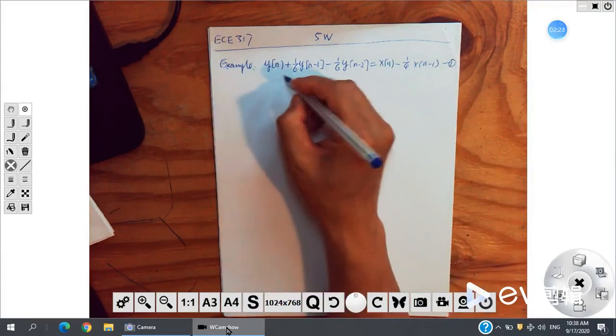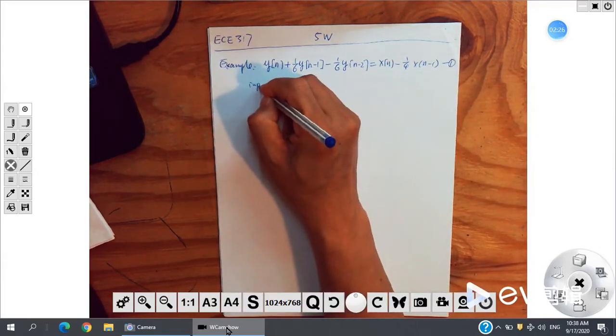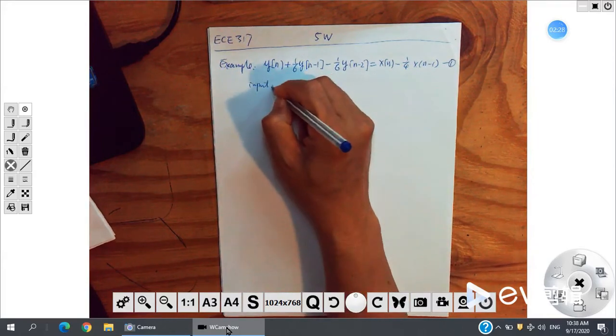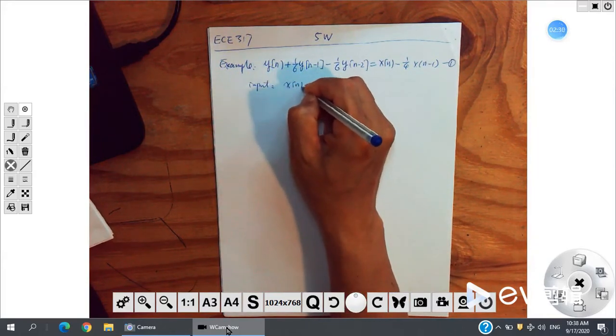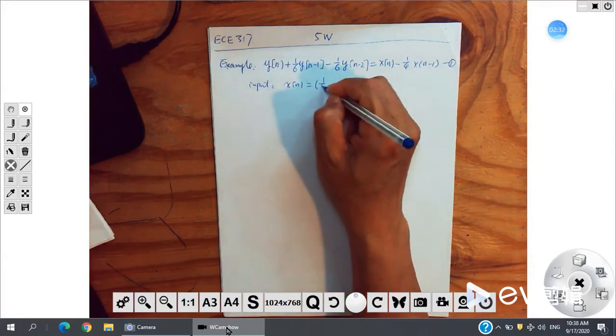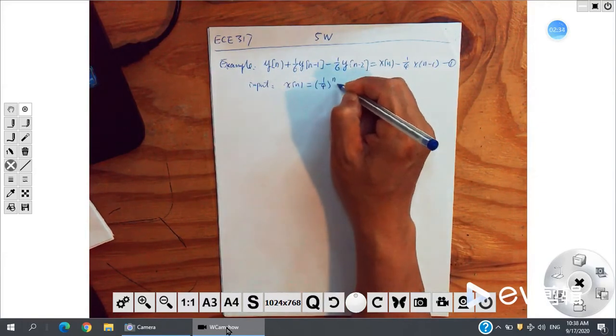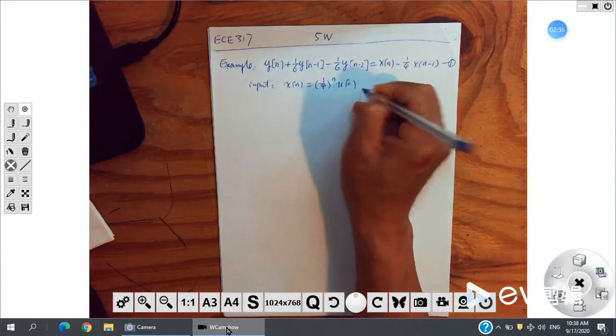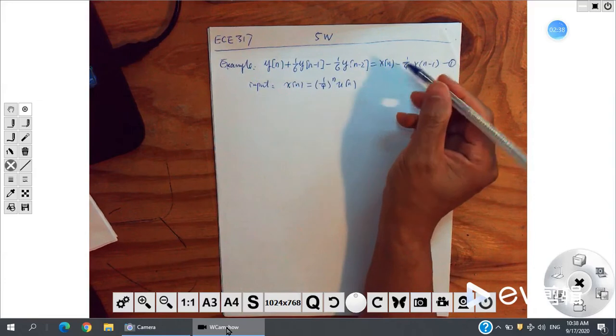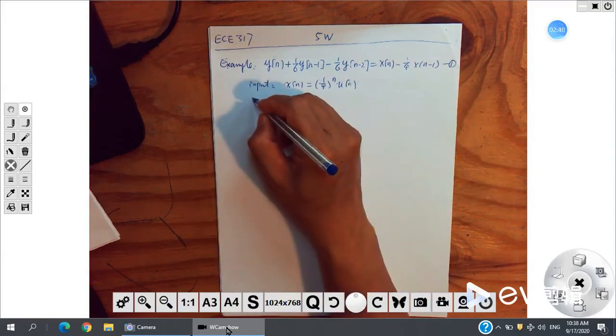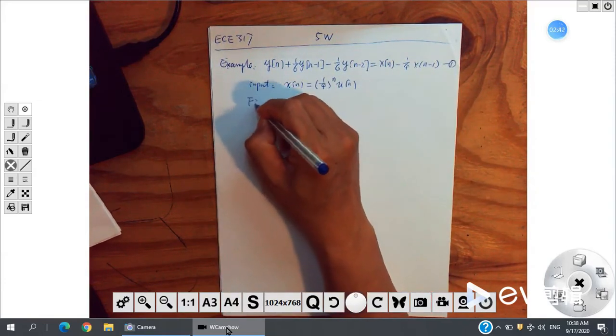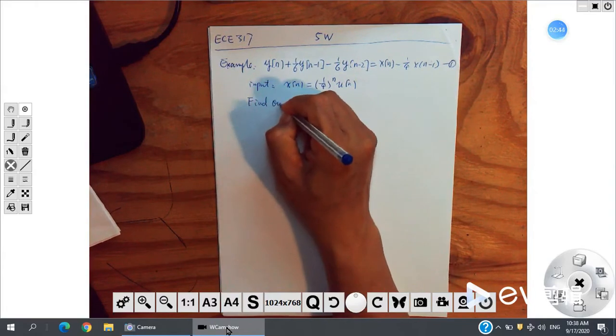And the input signal is x of n equal to 1/4 to the power n times u of n. Okay. And we want to find the output.